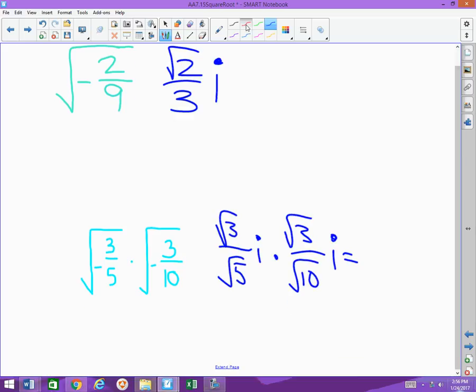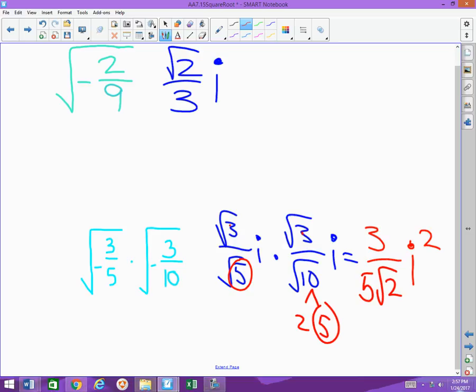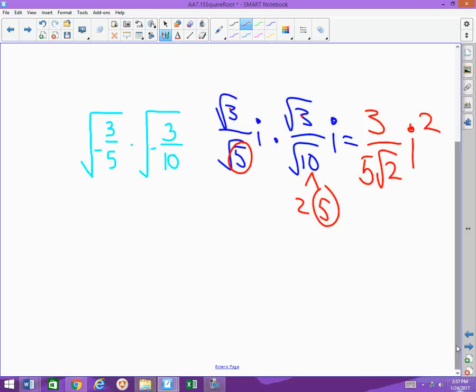And so then, let's see, square root of 3 times square root of 3 is 3. i times i is i squared. That's like 2 times 5, and you have a pair of 5, so 5 square root of 2, i squared. So then that can be changed to 3 over 5 square root of 2, and a negative because i squared is a negative 1.